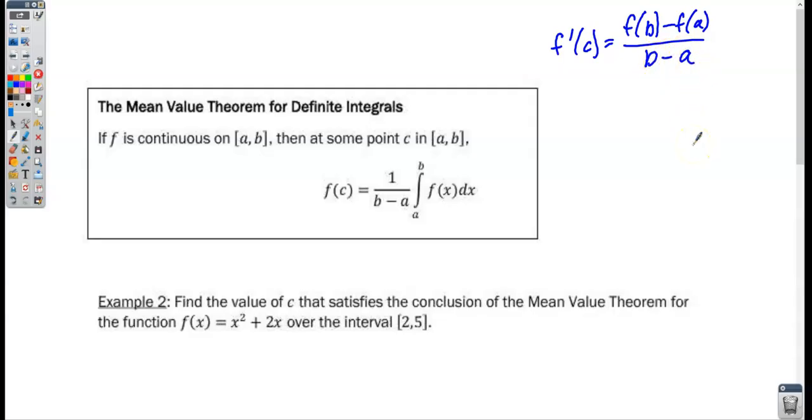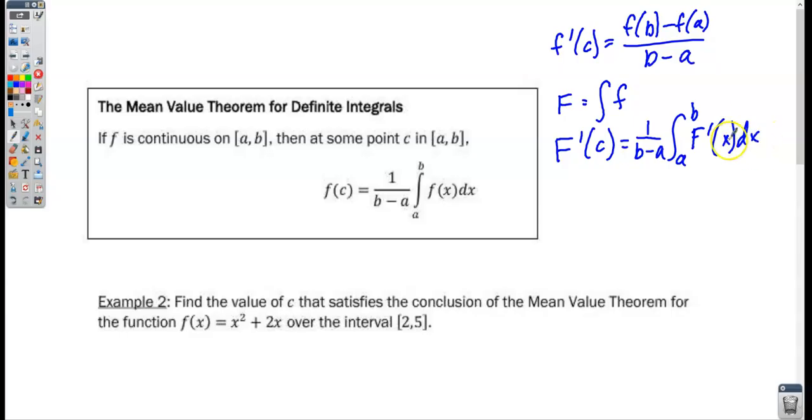Well, if we say that capital F is an integral of lowercase f in this formula, then all this mean value theorem for definite integrals says is capital F prime of c is equal to 1 over b minus a times the integral from a to b of capital F prime of x dx.